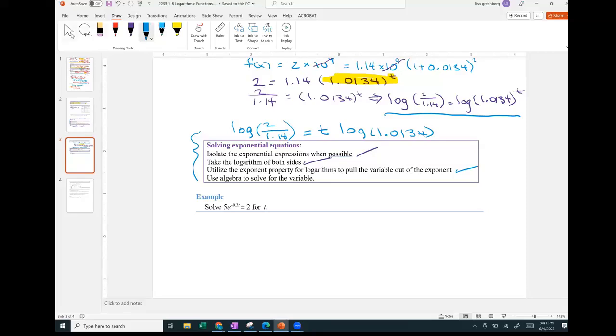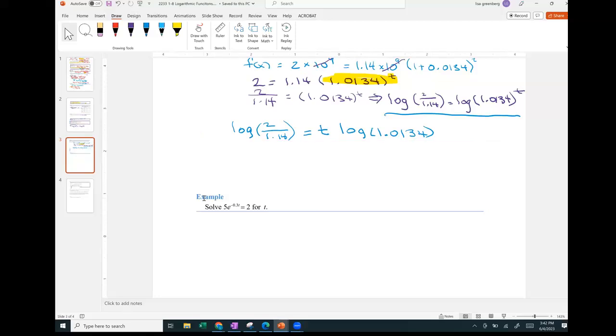Now it says use algebra to solve for the variable. All right. We're going through the steps. I'm going to delete this. We don't need it because we are now just going to use algebra. Okay, so again, I can just put this into a calculator, but let's see the algebra part first. I have the log of 2 divided by 1.14.